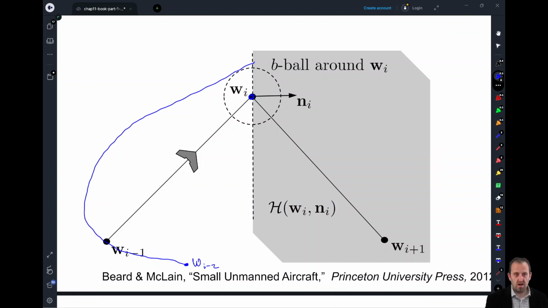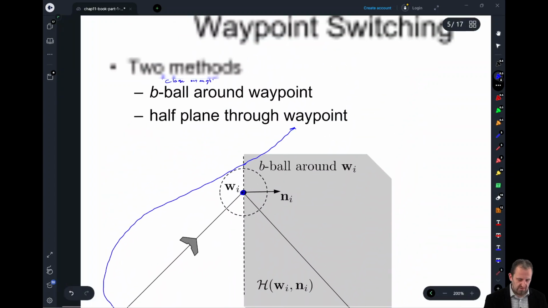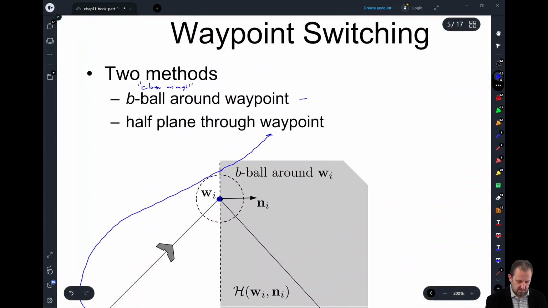The ball's too small, or our aircraft isn't aggressive enough. Maybe there's wind, and we end up missing the ball, and we just end up going along that straight line forever because we don't ever hit our switching condition. So this is a really fragile method.